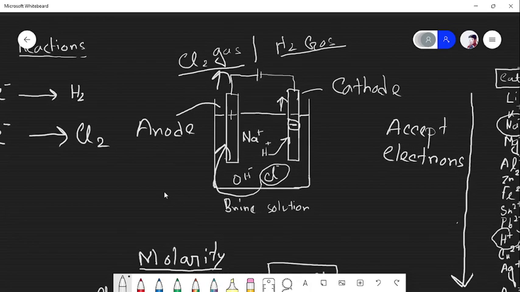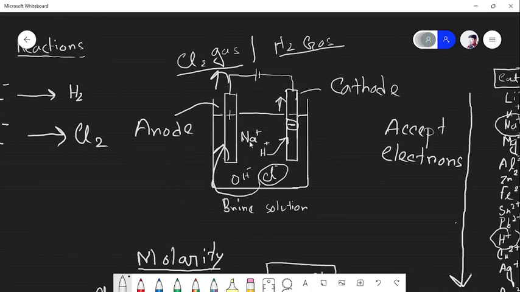So notice that there are two remaining ions, sodium and hydroxide. These two are remaining in the cell.